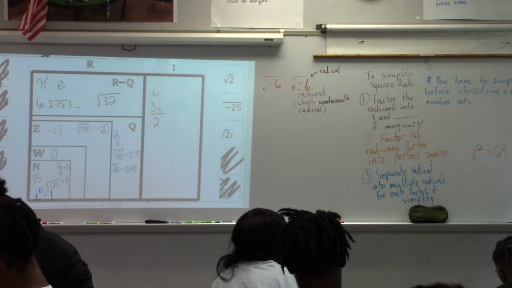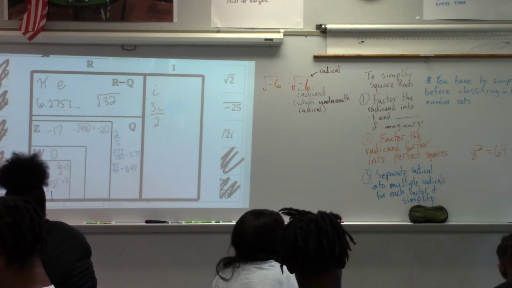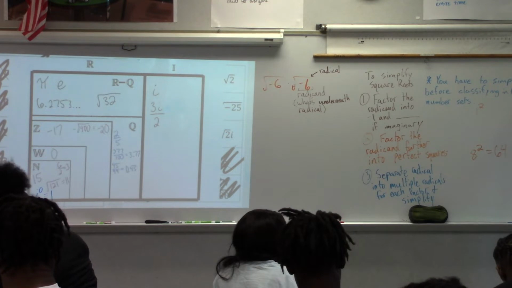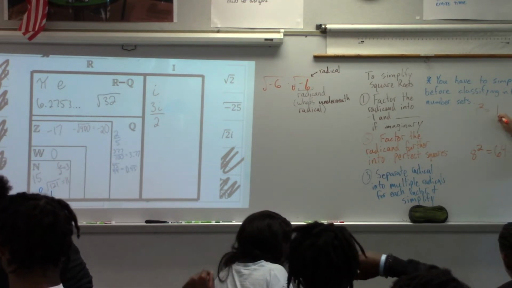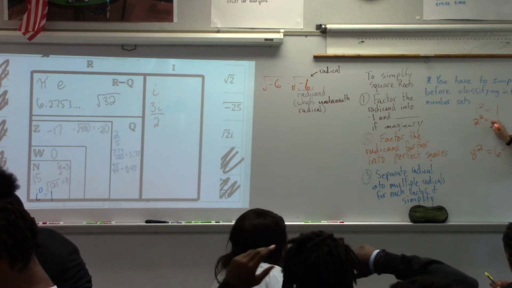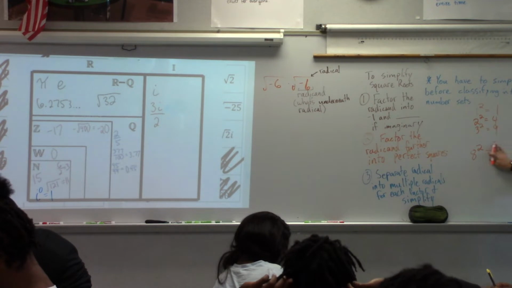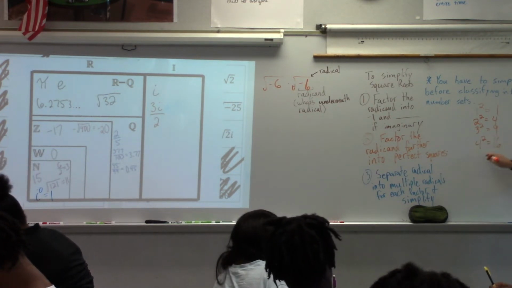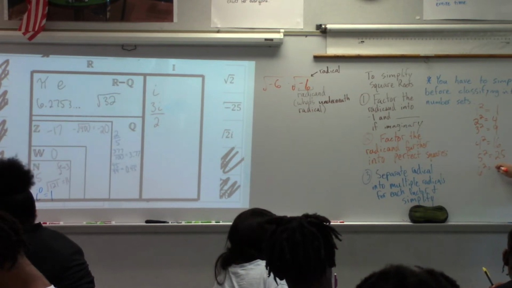Start at the very bottom. What's the lowest perfect square? Not 2. There's something before 4. 1. Technically 0, but we don't want to ever use 0. And 1 squared is not going to really help us either, but 1 squared is 1. 2 squared is 4. 3 squared, 9. 4 squared, 16. 5 squared, 25. 6 squared.